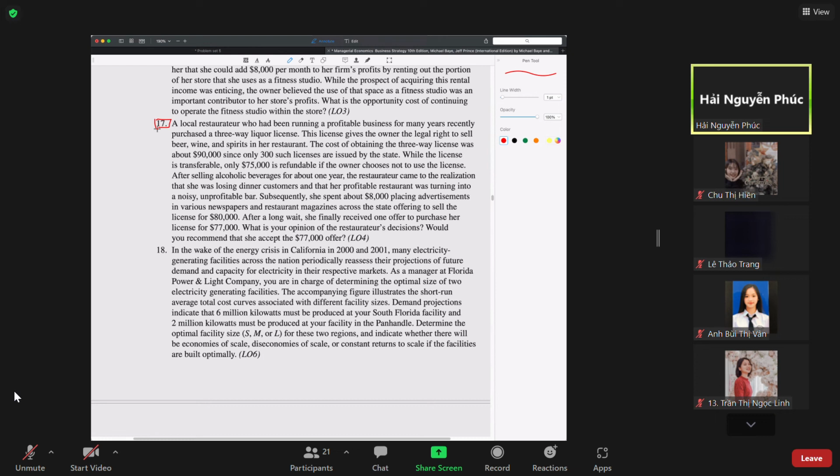Subsequently, she spent about $8,000 placing advertisements in various newspapers and restaurant magazines across the state, offering to sell the license for $80,000. After a long wait, she finally received one offer to purchase her license for $77,000.